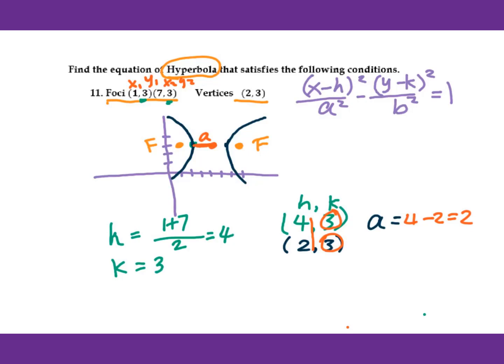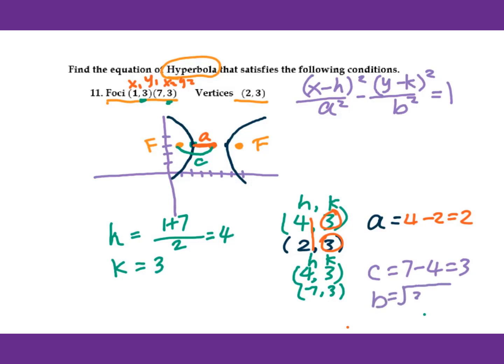Then we can find the c, the distance between center to this focus. That's c. Let's write down one focus. I have (4, 3), that's (h, k). One of the foci, I use (7, 3). So you get c equals 7 minus 4 equals 3. Therefore, b equals square root of 3 squared minus 2 squared equals square root of 5.